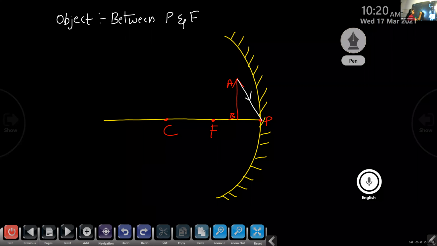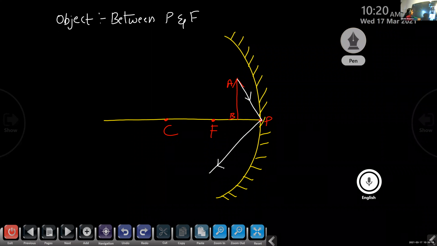It is reflected obliquely, right? You already studied that if a ray of light is incident at the pole at an angle of incidence i, it is reflected through the same angle. So here the angle of incidence is equal to the angle of reflection.